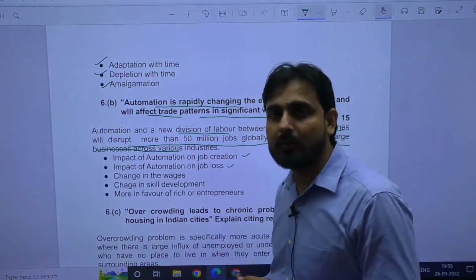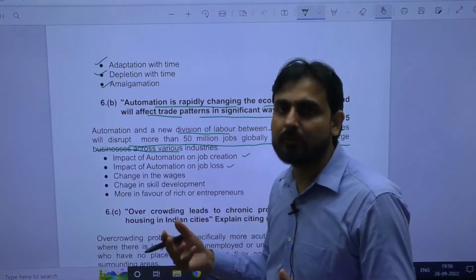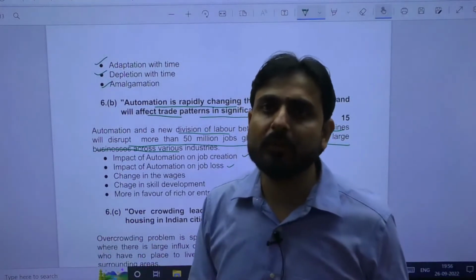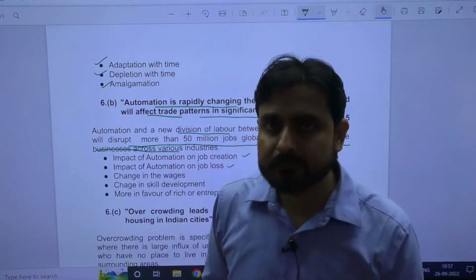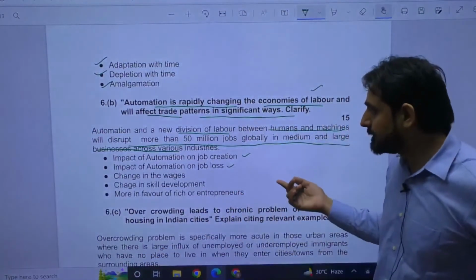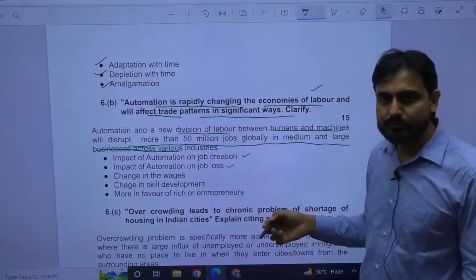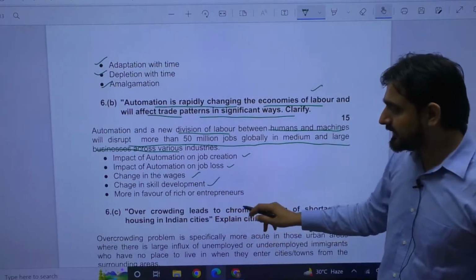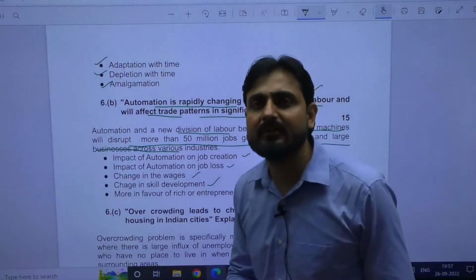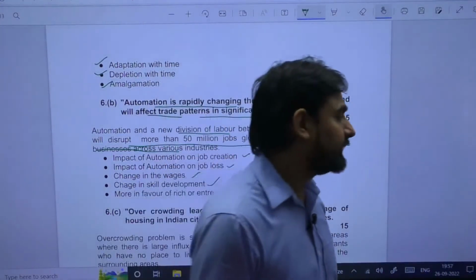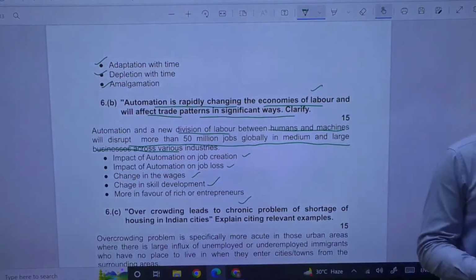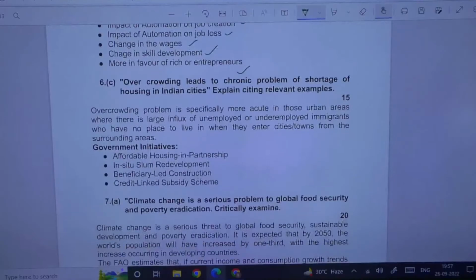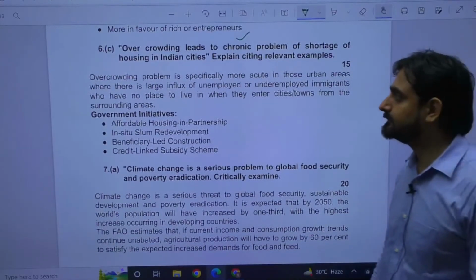Impact of automation on job loss: people who were earlier working manually are no longer in use due to adoption of automation. The change in skill development is more in favor of rich entrepreneurs rather than the poor, because the rich earn more and more profit from more and more machine-based production.